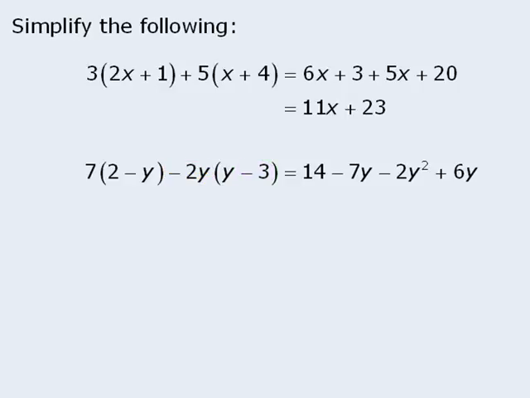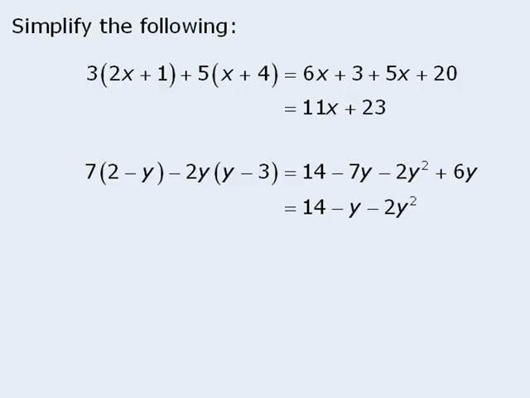From here we can simplify. Since we have no other constant terms to combine with 14, we will leave that as it is. Next we have negative 7y plus 6y, which equals negative 1y, or minus y. And finally, we have no other terms to combine with negative 2y squared, so we'll leave that as it is.